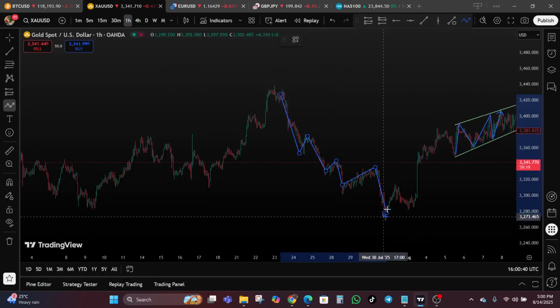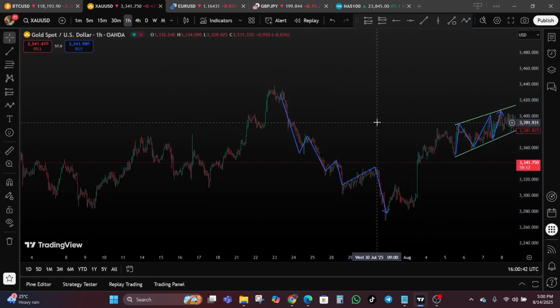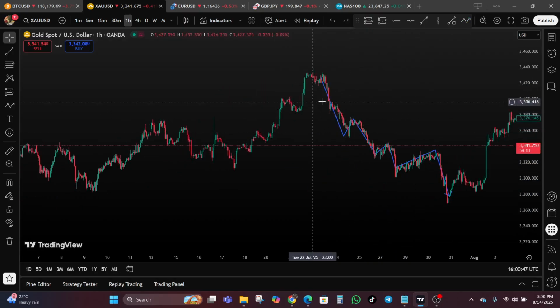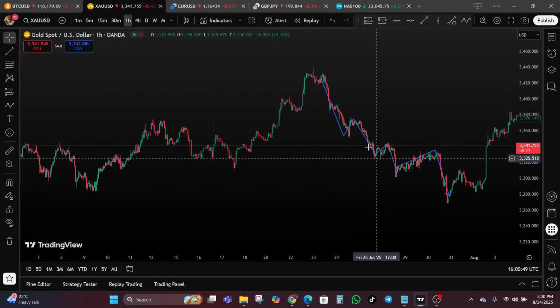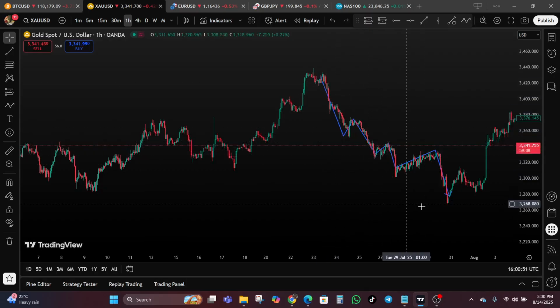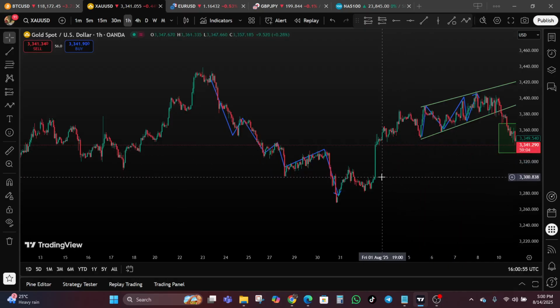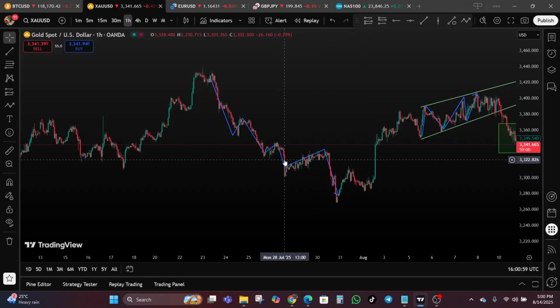So when you are doing market structure analysis, you need to know whether you are having lower lows and lower highs, or higher highs and higher lows. Then you need to watch out for a break of structure. A break of structure is often the first sign that a shift in trend is happening.